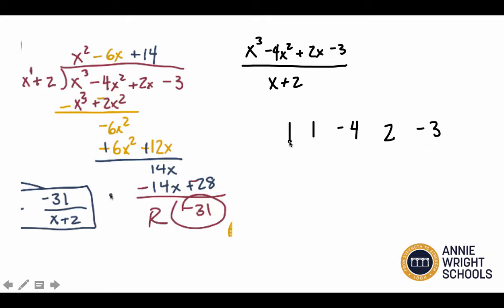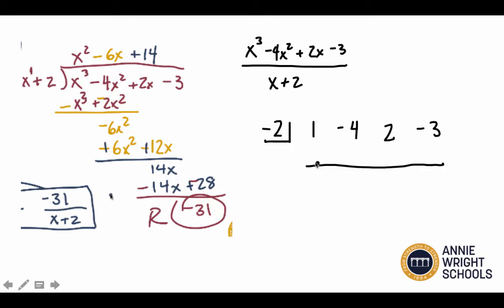And then in this little half box, you put the value that would make what you're dividing by 0. In this case, you're going to put a negative 2 here.